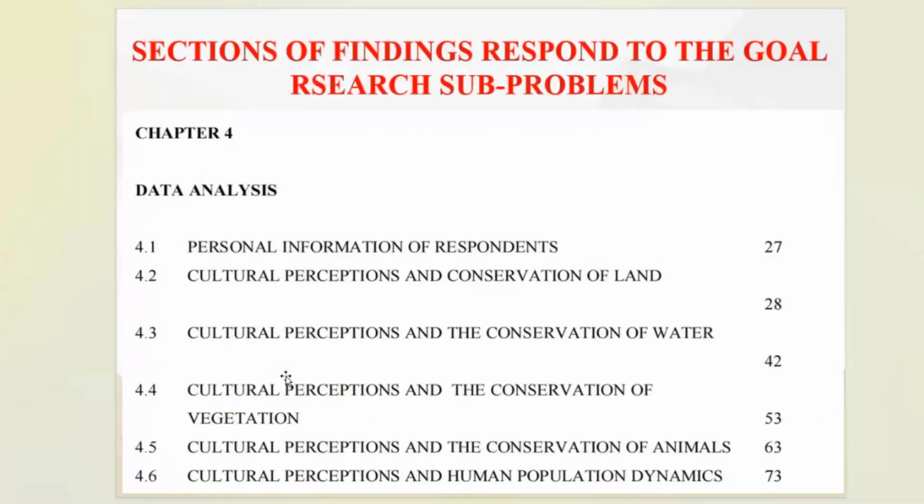You see now, the table of contents has this. It has personal information. It has cultural perceptions and conservation of land, which is on page 28. Cultural perceptions on the conservation of water, 42, and this is what was contained in the literature.